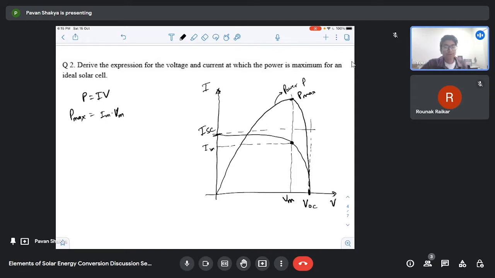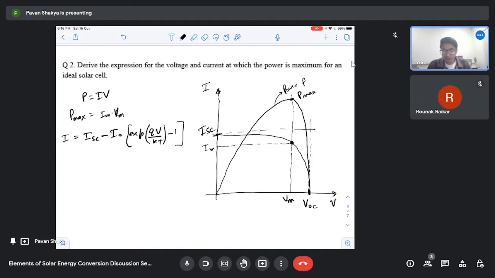Now we know the formula for the current, which we have derived in the lecture notes in terms of the voltage. So I am writing it as I is equal to ISC minus I naught times exponential of QV divided by KT, minus 1.